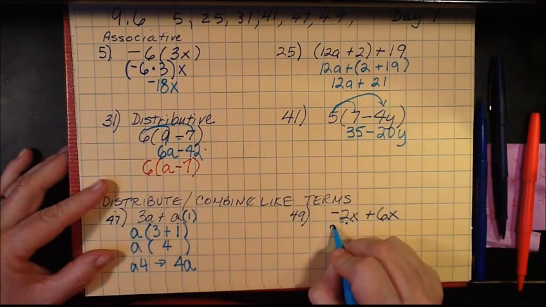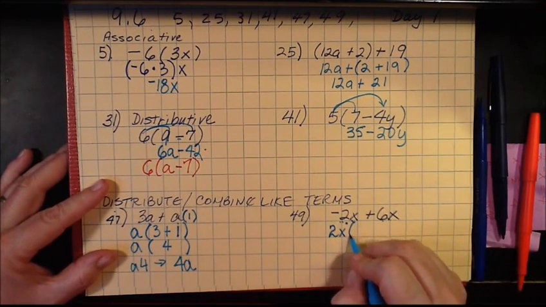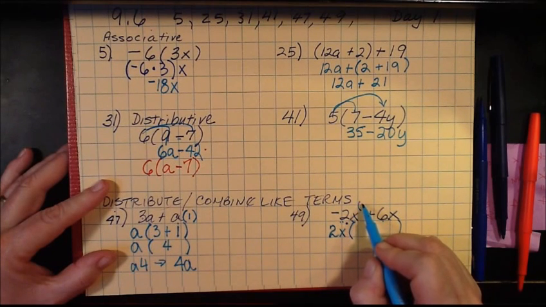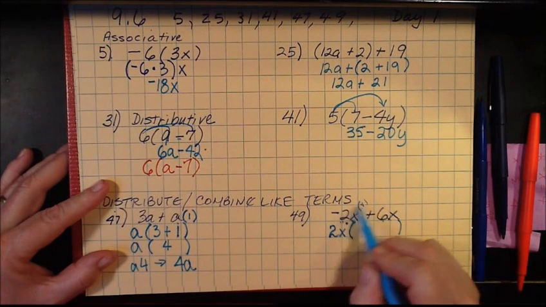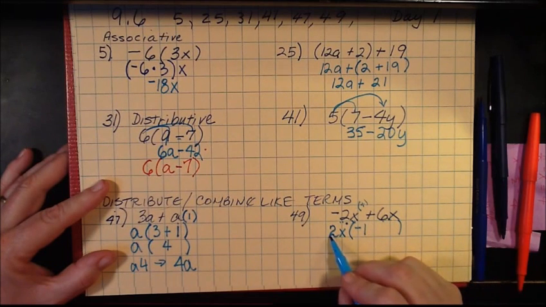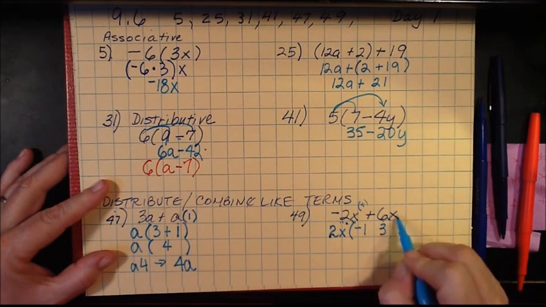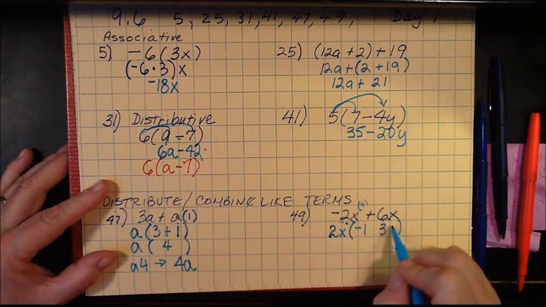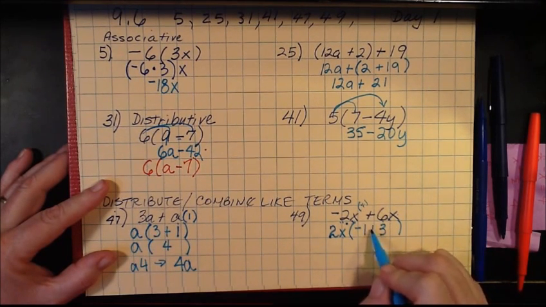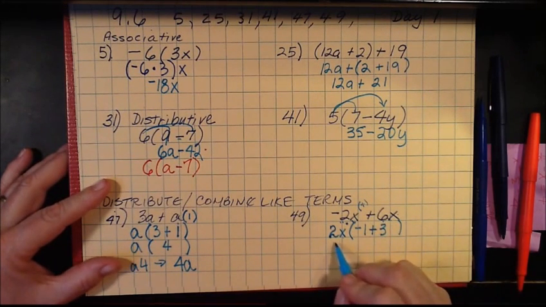So I'm going to pull out a 2 and an x, 2x, times, and what I left behind here was the shadow 1, but I left behind a negative 1. And here I left behind 2 goes into 6 3 times, and x goes into x 1 time, so I don't have to write that again, it's a shadow. And I'm combining these two numbers, so I have negative 1 plus 3.